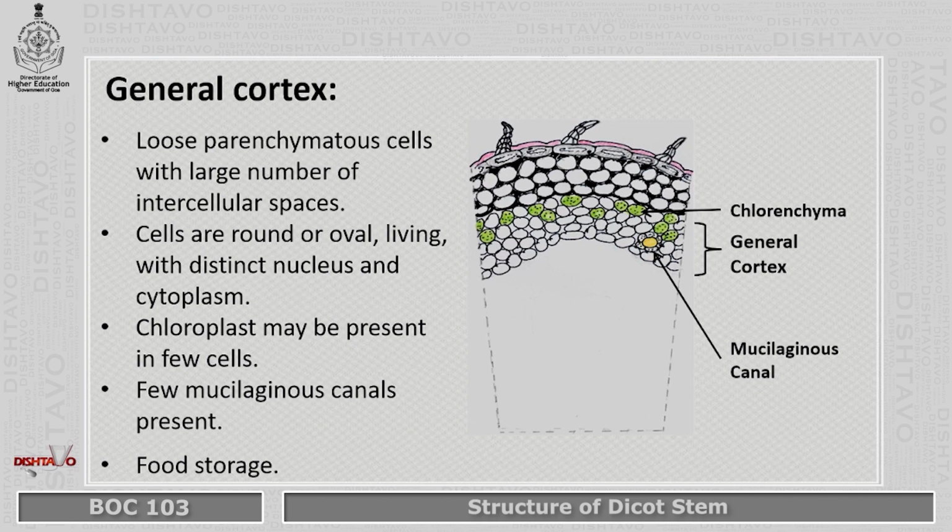Chloroplast may be present in few cells. Such cells which contain chloroplast, we call them chlorenchymatous cells or chlorenchyma. Besides this, in general cortex, we see presence of few mucilaginous canals. Main function of general cortex is storage of food.